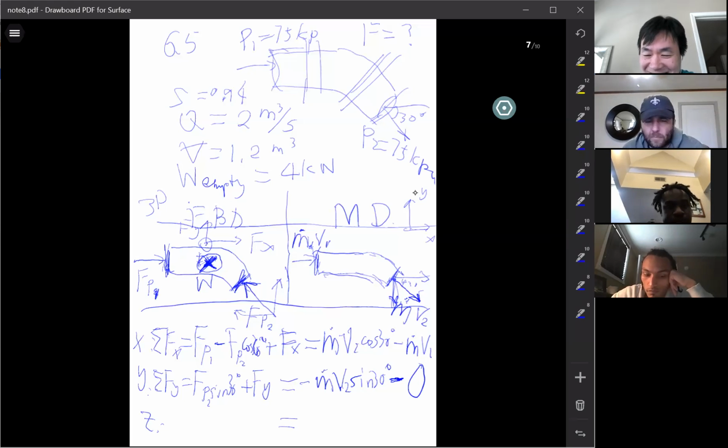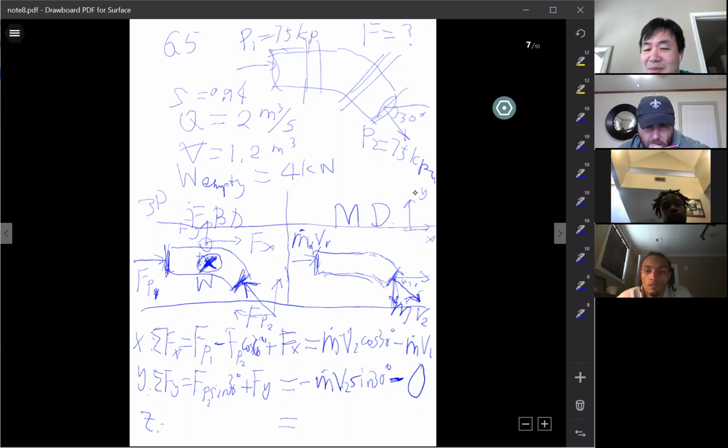Good. I guess that's the time. Let's leave the z next time. Okay. So since the inlet was coming in straight in the x direction, the y portion is 0. If it would have been opposite, the x portion would be 0. Do you know what I mean? If it would have been coming in straight down from the y and curving, then why would you have a momentum out?